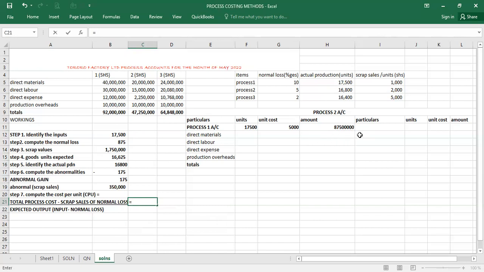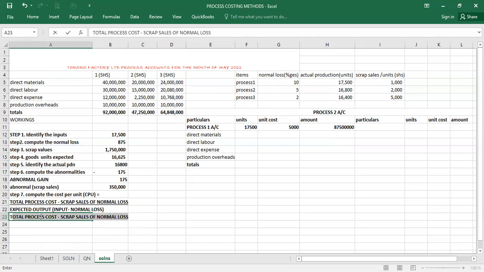So to get our total cost that we have spent in the whole process, we are supposed to add the cost of the materials we got from process 1 to the cost that was incurred in process 2. Hope you can get that. Let me put it here because you may get confused.